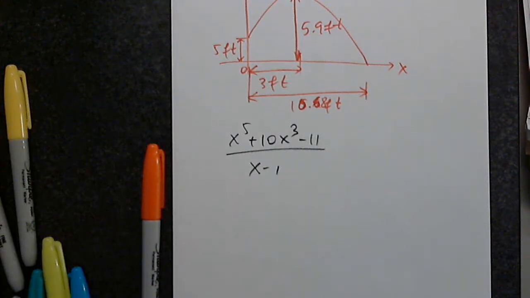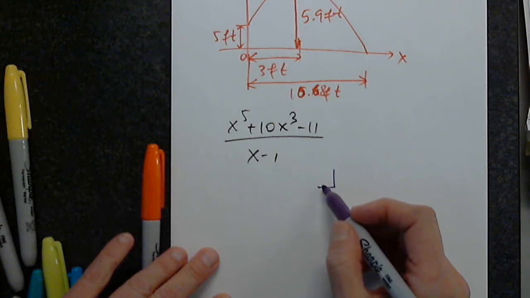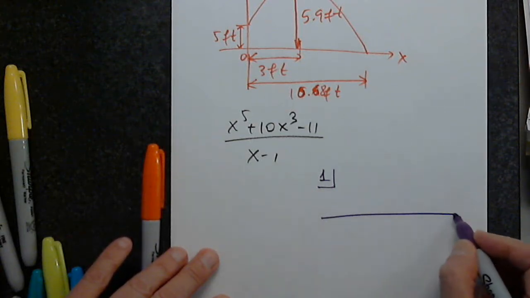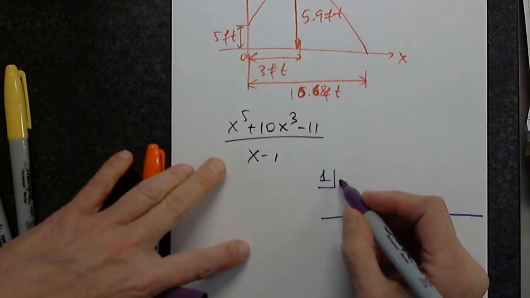Yes. What goes in the box? Careful. 1. What is the degree of the top? Good. Is there any missing term? Yes. Good. So which coefficient do I start with?